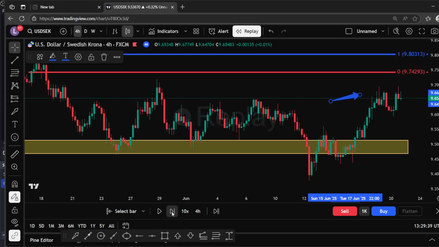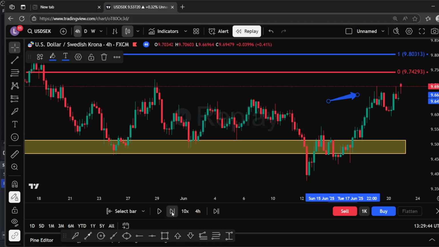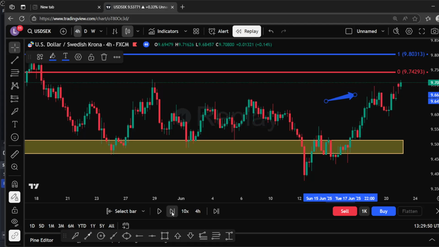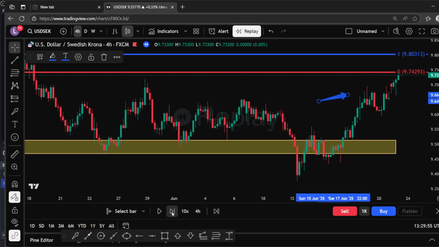We had a close below that red candle, so I'm sure people have come in to take the short trade, but then the next candle went above it. All right, so we are approaching our supply zone.